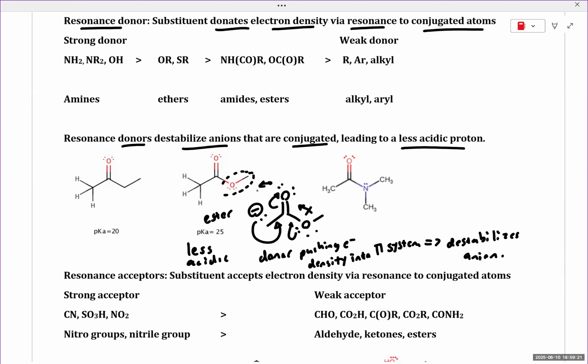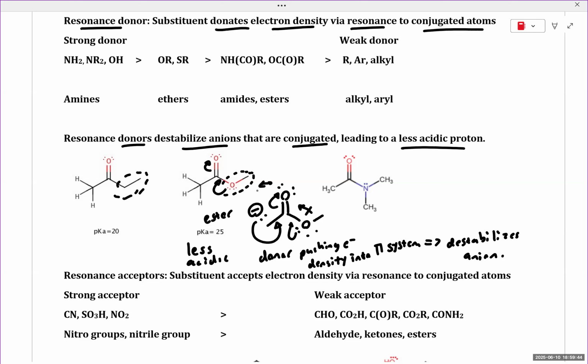As you can see, when we went from an alkyl group to an OR group, an ether group, the ether group is a much better donor of electron density. It is a resonance donor. And as a result, this resonance donor destabilizes the conjugate base anion.